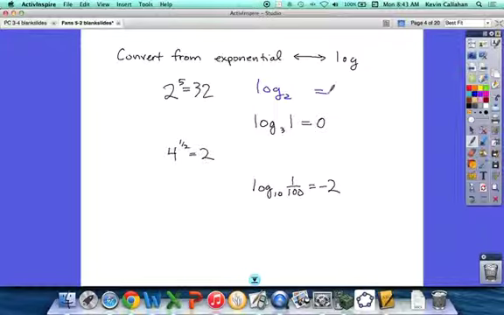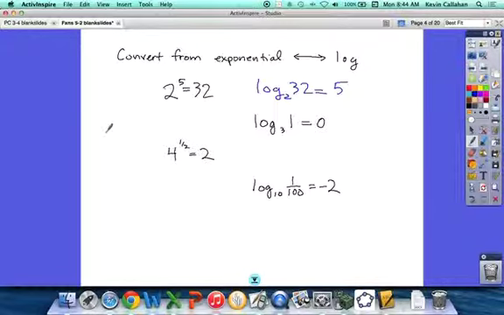The exponent. So what's left to go inside the logarithm? 32. So log base 2 of 32 equals 5. Or, again, if you cover up the 5 and just had to evaluate that, you'd say, what power would I raise 2 to get 32? The answer is 5.